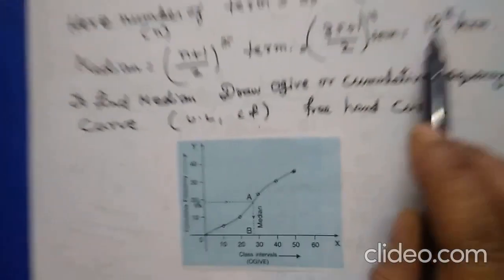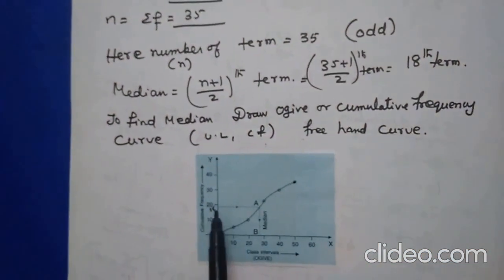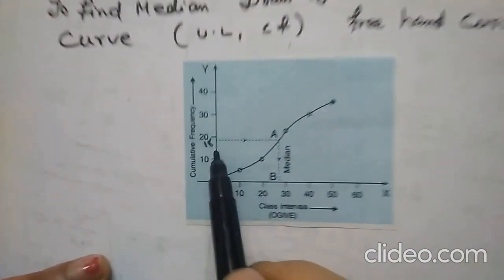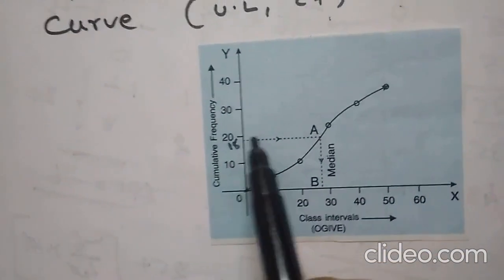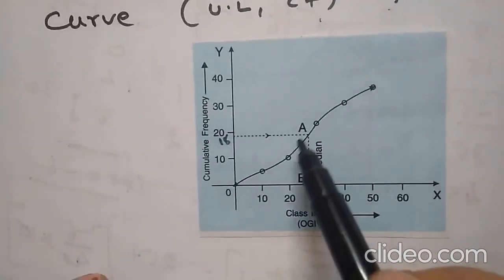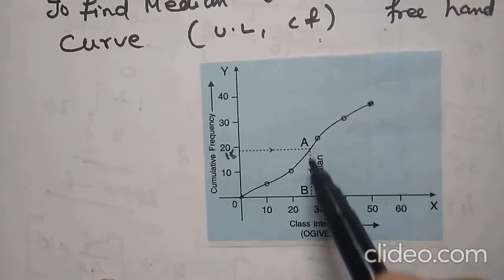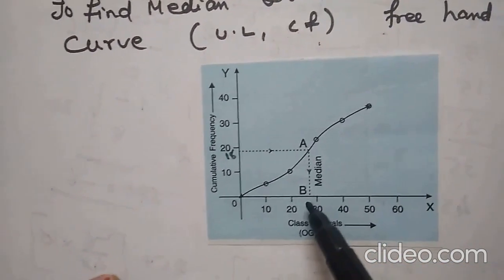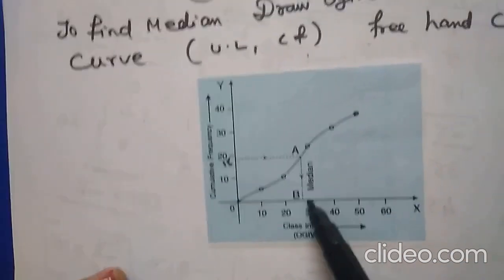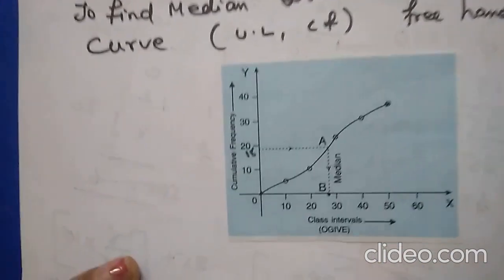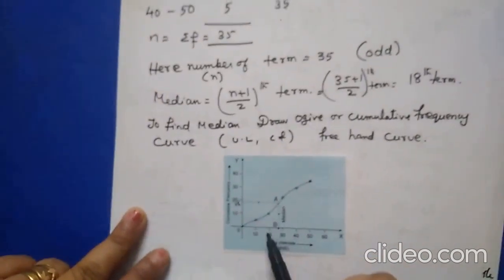Now you draw a line at the 18th term, where it intersects the ogive at A. From A you draw the perpendicular line to the x-axis. This is the median. It lies between 20 and 30, so your answer is about 28, or whatever you get in your graph, that becomes your median.